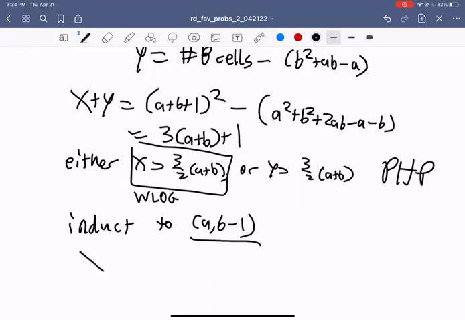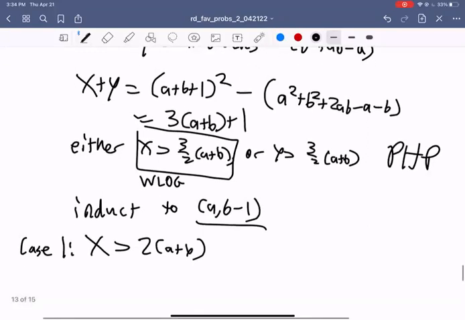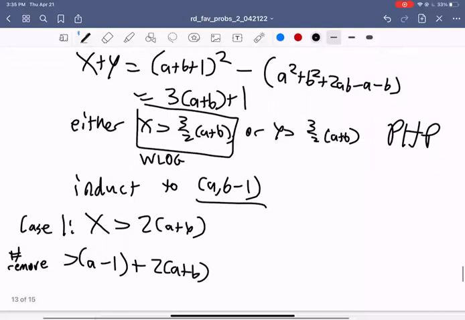In fact, we can see that this minimum is 2A plus B, because then the amount of cells that we would be able to remove is A plus A minus 1, the decrease in minimum when you go from B to B minus 1, so the amount we can remove is greater than A minus 1 plus 2A plus B. And the maximum amount we could physically remove is 2A plus 2B plus 1, because that's the total amount of cells.